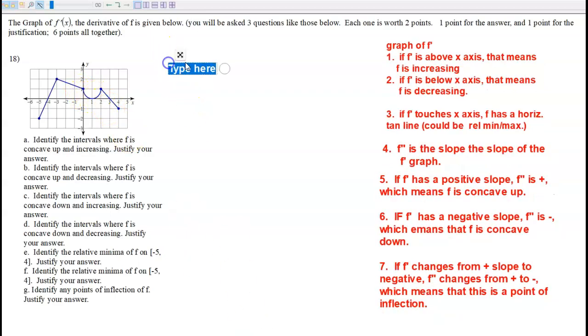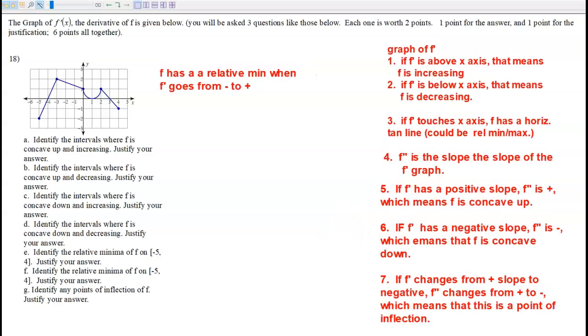So here's what we know. We know that f has a relative minimum when f prime goes from negative to positive. So where does f prime go from negative to positive?